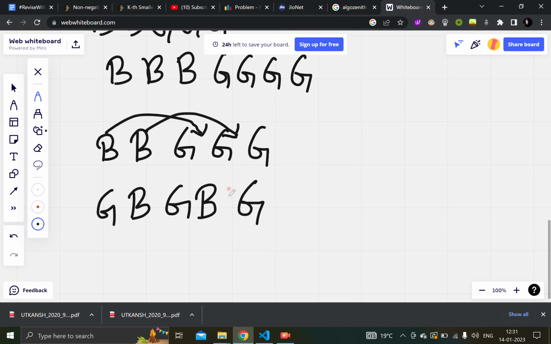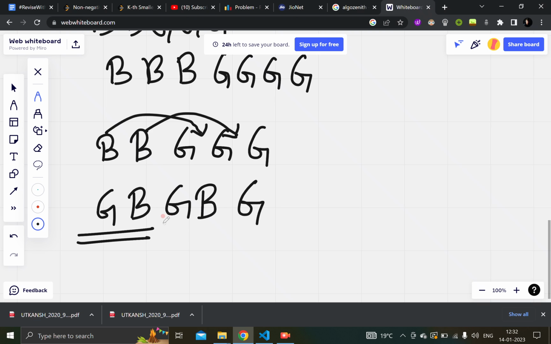Is there any other possible arrangement? There is no other possible arrangement. It is the only condition where the boys and girls will be sitting next to each other and no two same gender will be next to each other.